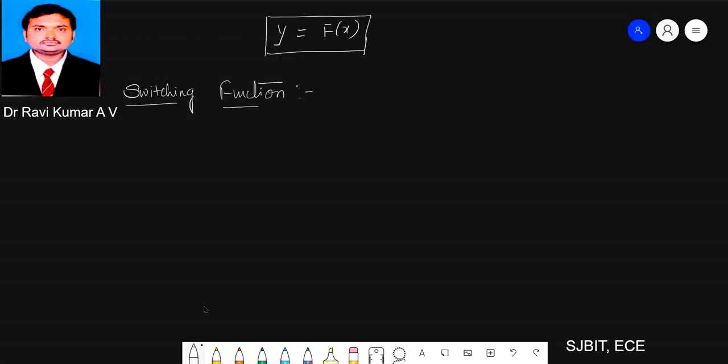Let me take a simple example: Y is equal to A bar BC plus A B bar C. This is one Boolean equation. Here the variables A, B, C, all three variables, we call literals.